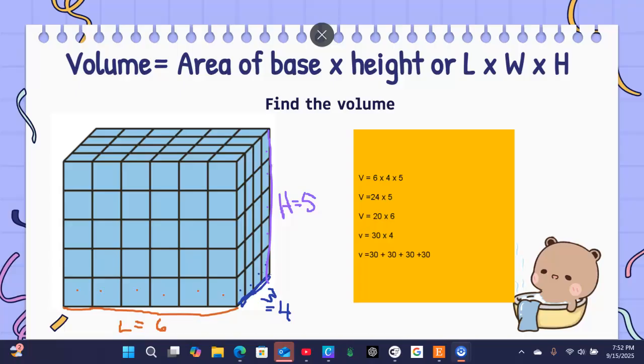Again, 30 times 4. All right, so those are the different ways that you can find the volume to this. Okay, so that's what we're expecting. You might see this where you have to write out your expressions, or you might see this where you have to choose all of the correct expressions to find the volume.